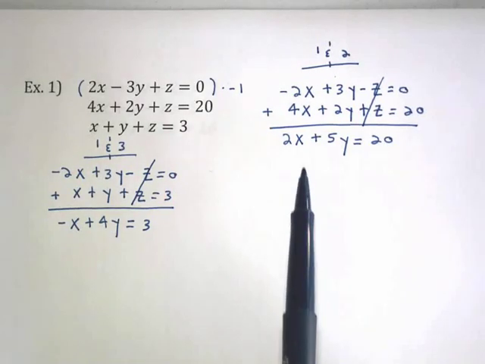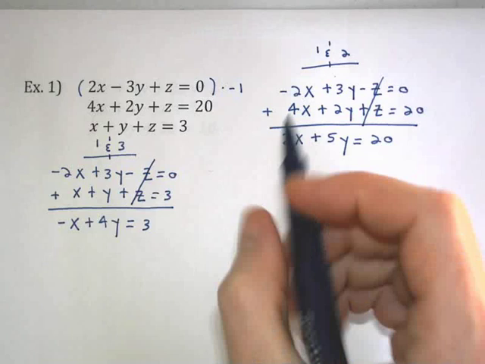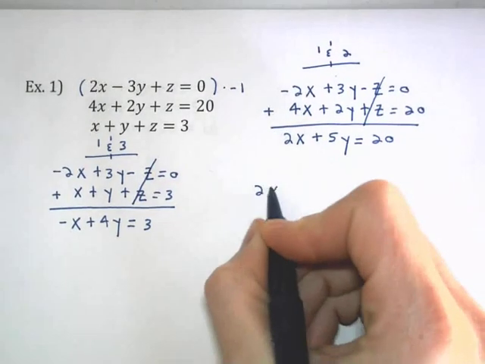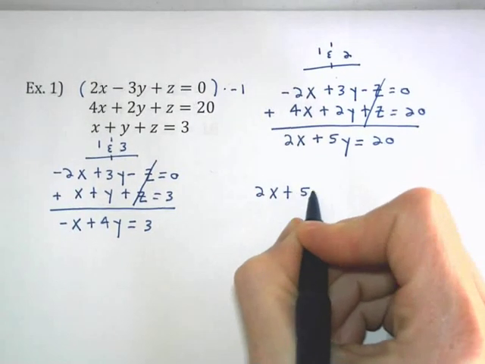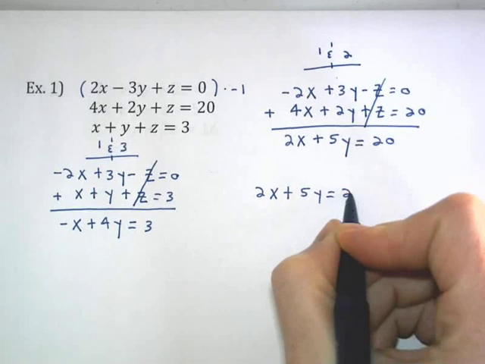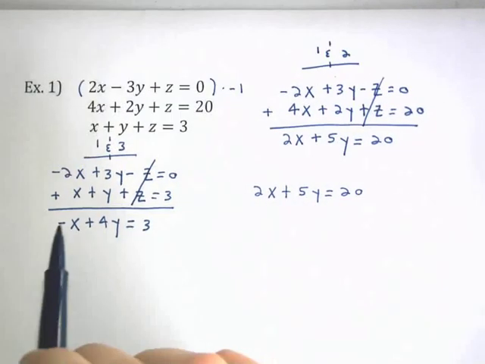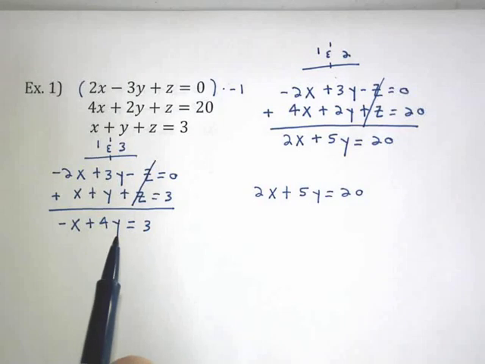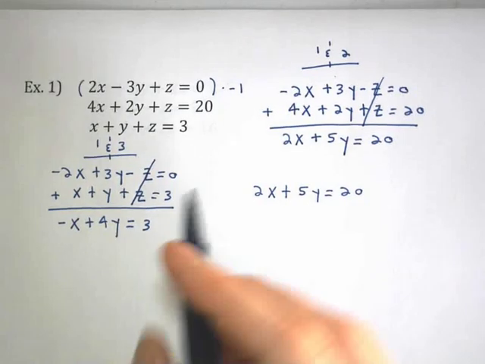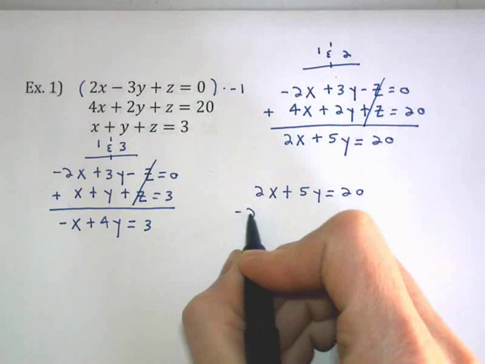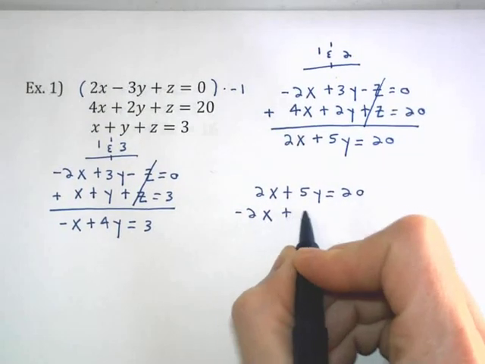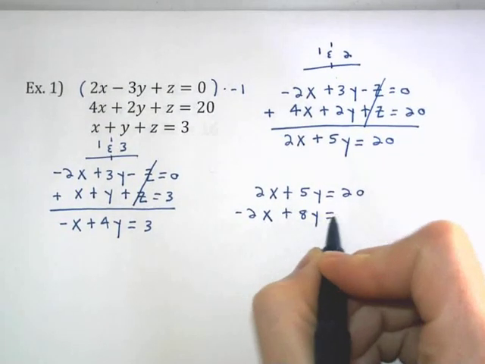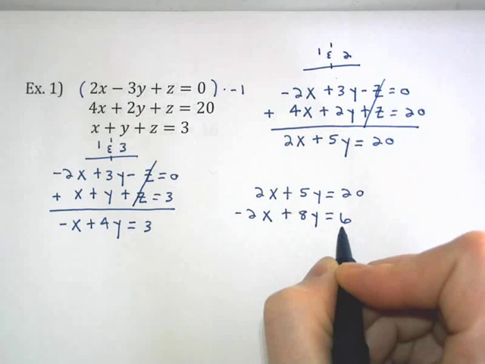So I'm going to go ahead and bring this equation with, because we're going to use that one just the way it is. 2x plus 5y equals 20. And then this equation here, I'm multiplying that entire thing by 2. So what we have is -2x plus 8y equals 6.